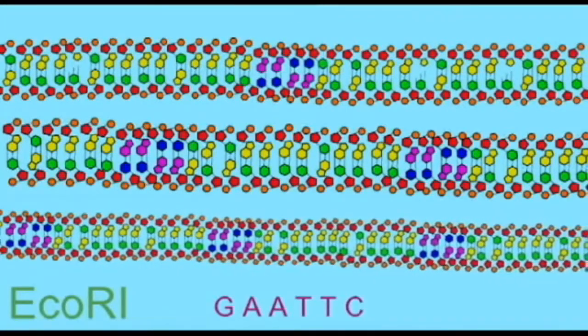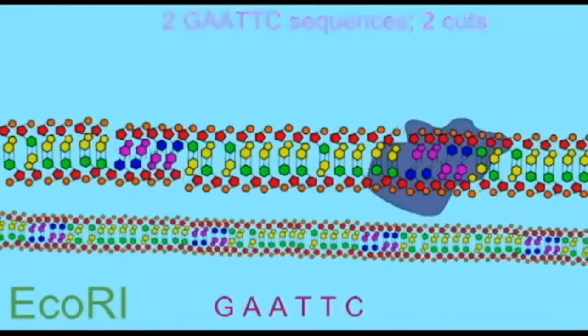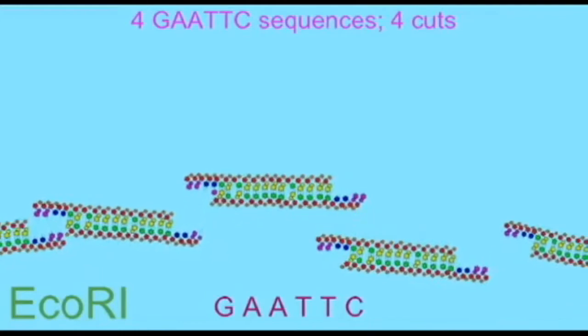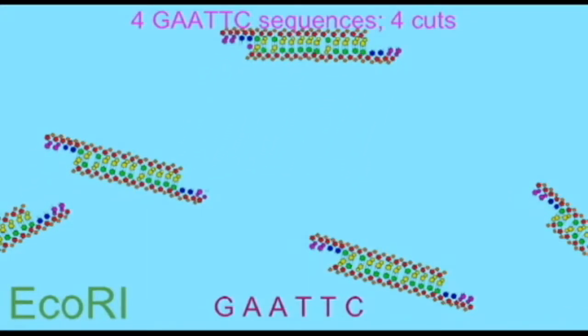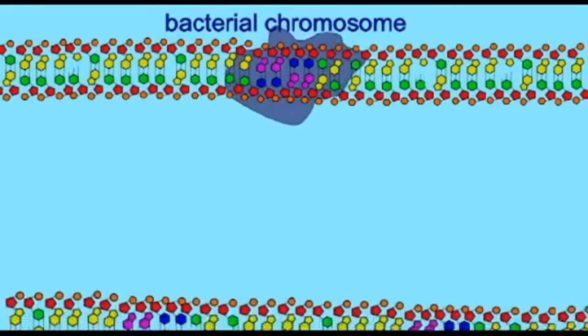So here, for example, they can be used to map a plasmid or any piece of DNA, so that we could determine the sizes of different pieces relative to the sites where different restriction enzymes cut.